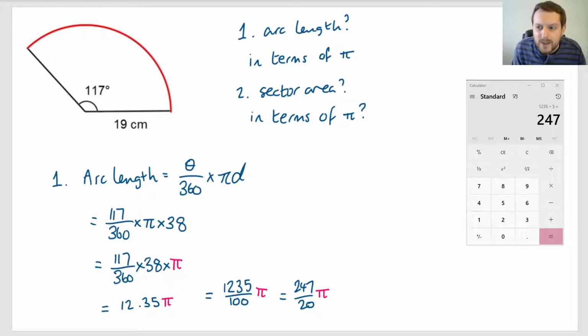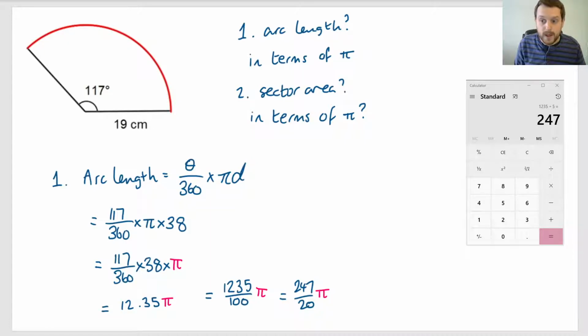So again, that gives you a decimal. So let's try the one that I shared yesterday on Teams. Let's have a go at this. So 117 divided by 360, but then times that by 38.